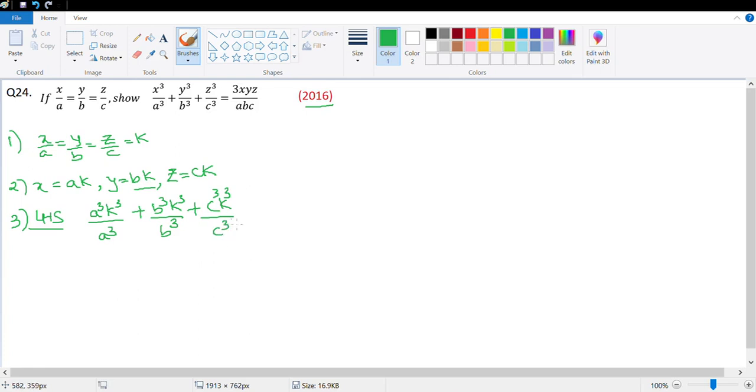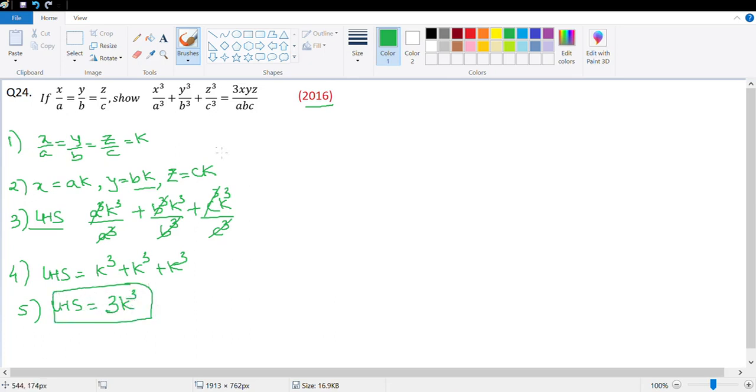So c cube and c cube gets cancelled, b cube and b cube get cancelled, a cube and a cube get cancelled. So our left hand side is equal to k cube plus k cube plus k cube, which means left hand side is equal to 3k cube.